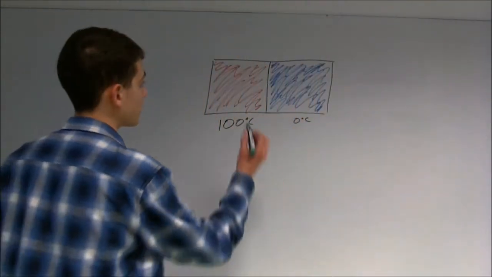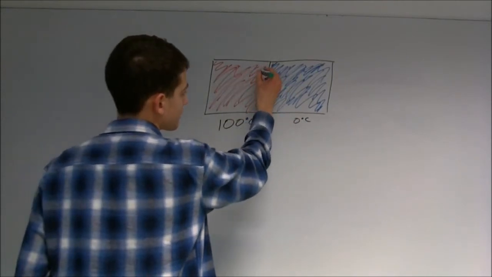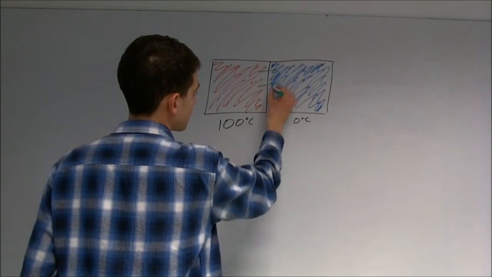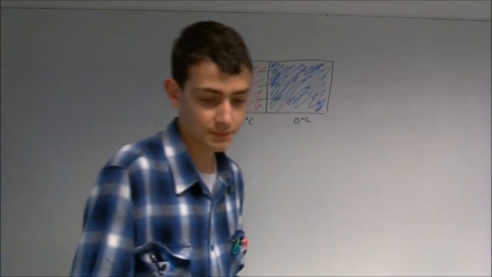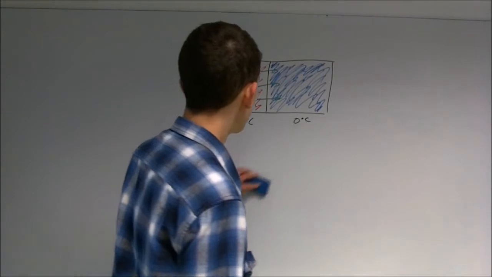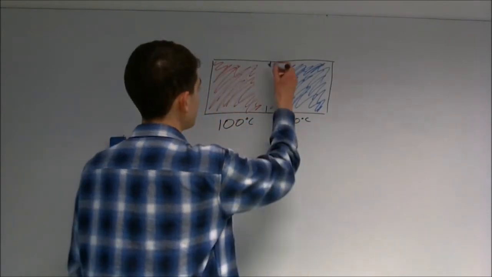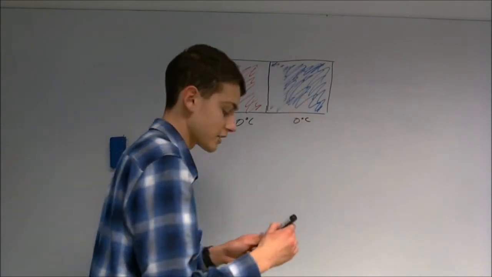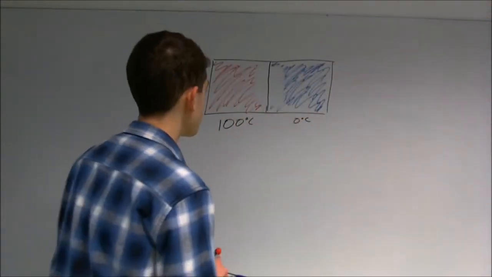Let's say these have the same mass. What's going to happen is that the heat is going to transfer from the hot end to the cold end. Then after this is all done, we're going to end up in an equilibrium state.